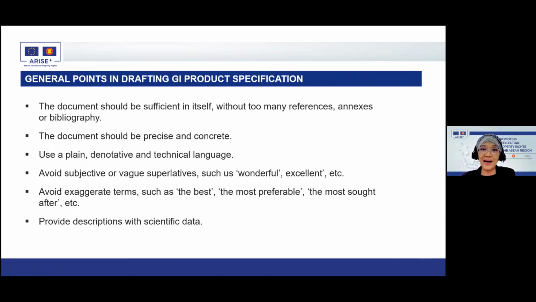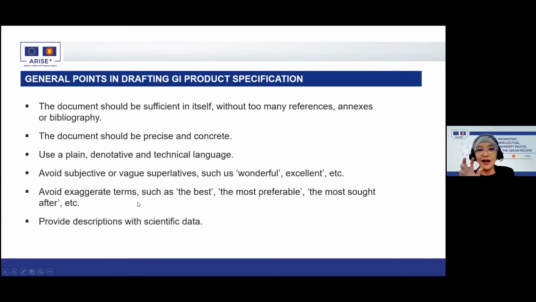Use a plain denotative and technical language as opposed to ornamental, exaggerated and artistic language. Okay. Avoid subjective or fake superlatives such as wonderful, excellent, without measures. Okay, so make it precise, compact. Avoid exaggerated terms such as the best, the most preferable, the most sought after.